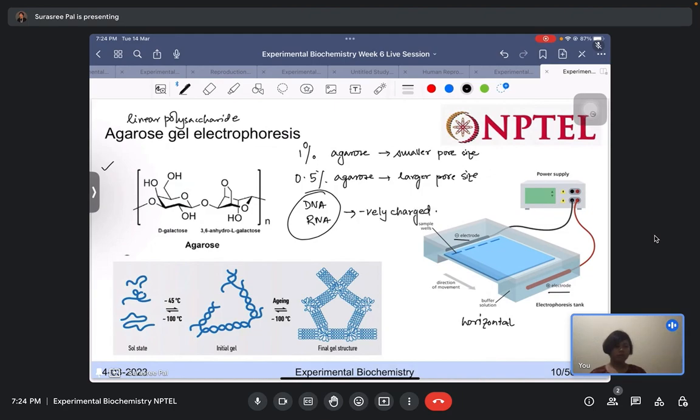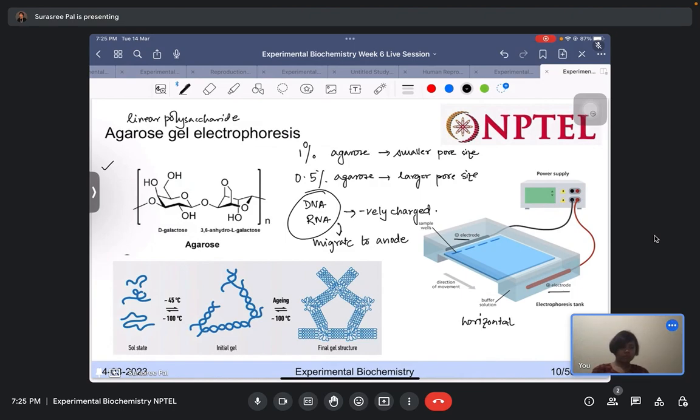Therefore when we apply voltage, these molecules will migrate towards the anode, which is the positively charged electrode.